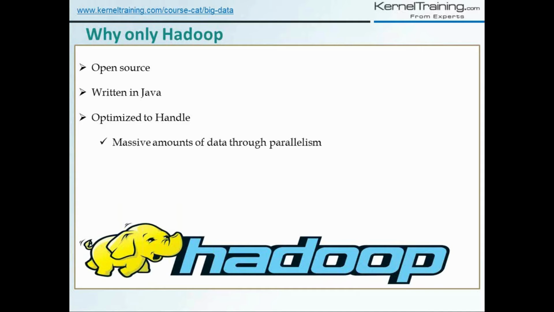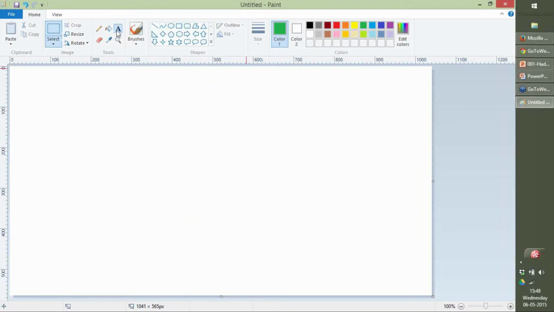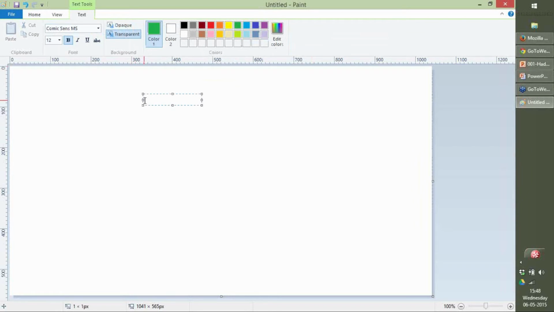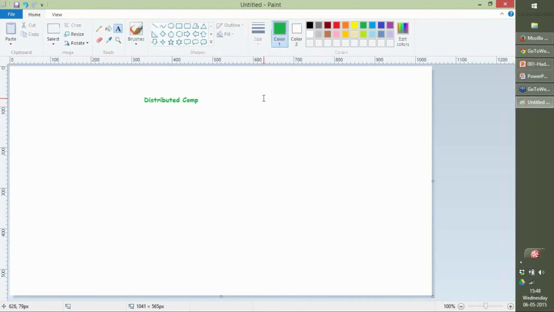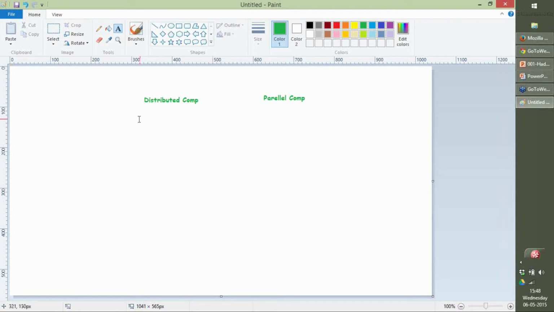Before understanding this line, let me brief you about Hadoop's history. First, let me take some concepts from computer science: distributed computing and parallel computing. These are computer science concepts. I will explain in a short way.